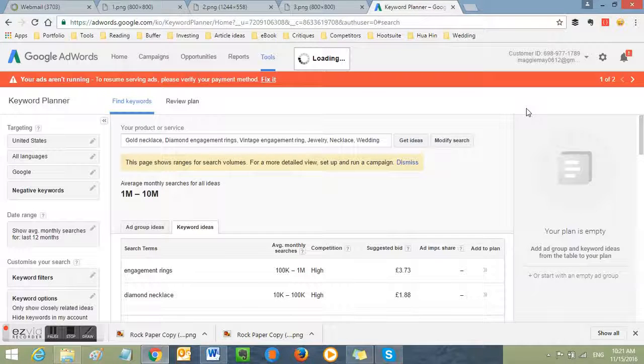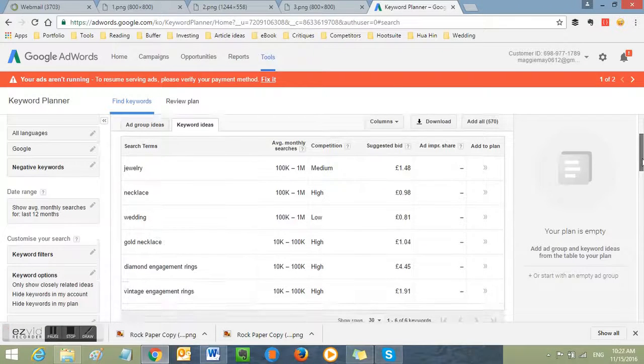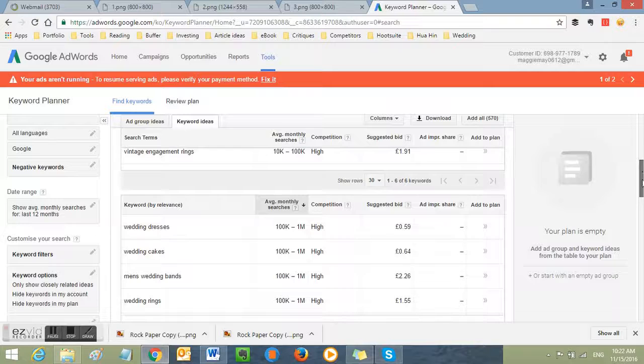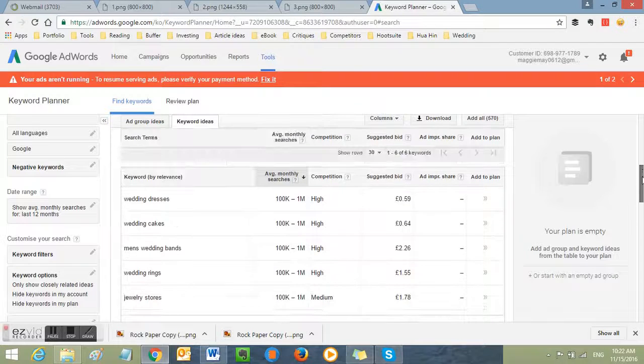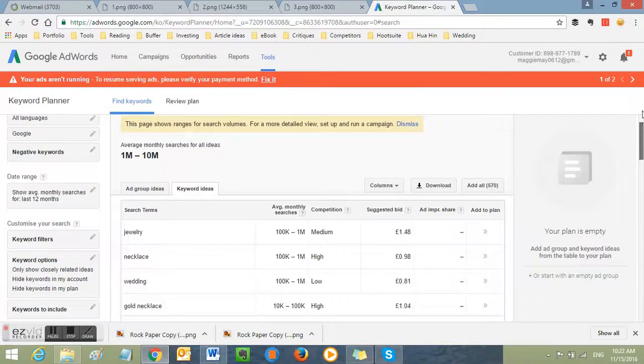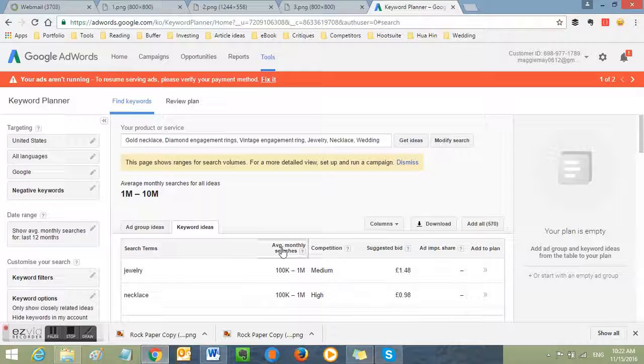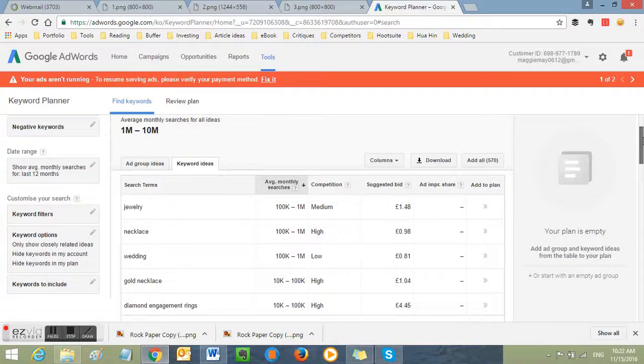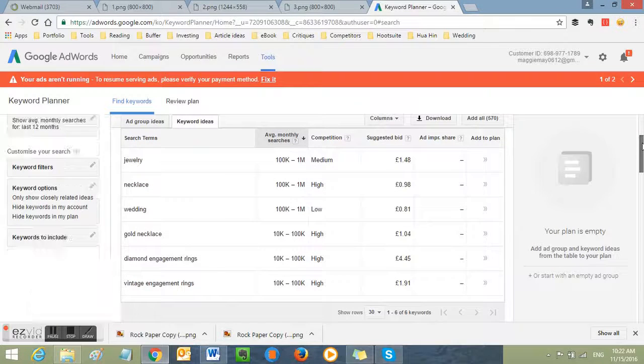and get ideas. So what I did, I just clicked modify search with the last search that I have performed, and I pasted the list of new keywords that we have just found. So which of them performs the best? Jewelry, between 100,000 and a million searches. Medium competition, which is fantastic.